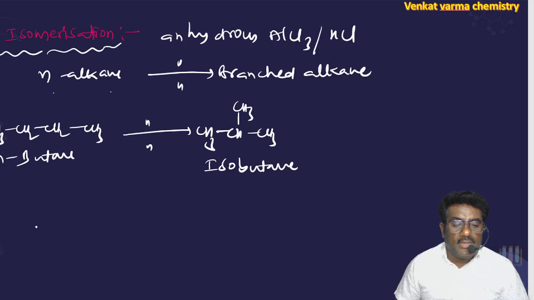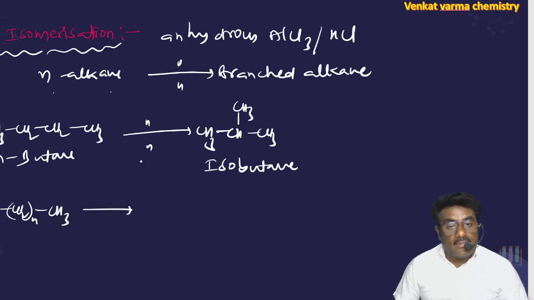See, I am taking hexane, CH3(CH2)4CH3, in presence of anhydrous AlCl3 and HCl. What is the product?